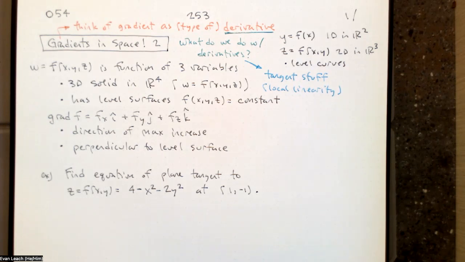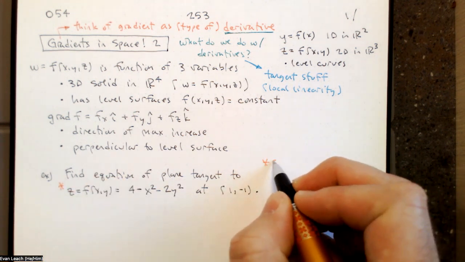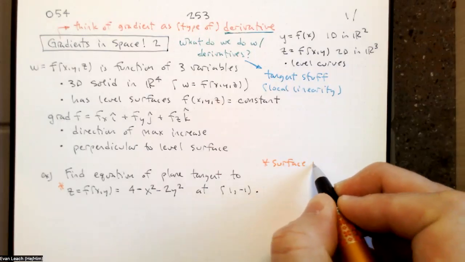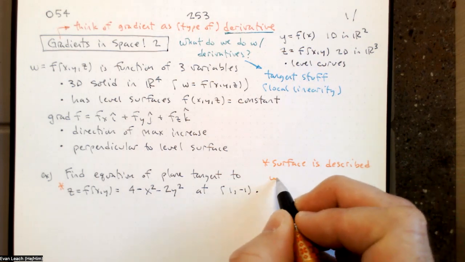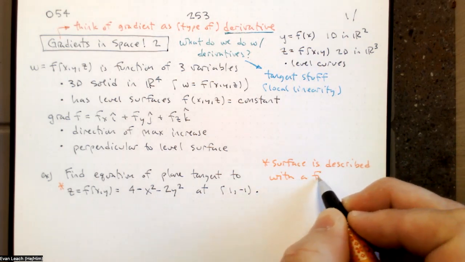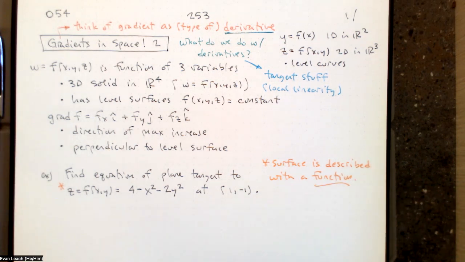What's noticeable about this problem is that the surface is described with a function. This means that we can easily get our hands on derivatives, on partial derivatives, rates of change.